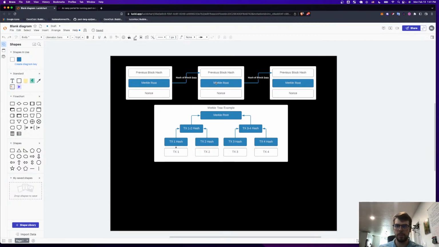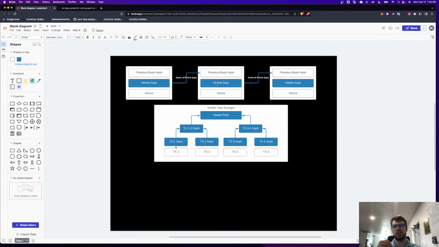The nonce is used by miners to change the data of the block so that they can find a SHA-256 hash of the block that begins with a certain number of zeros. The number of zeros required at the beginning of that hash is determined by the current hash rate of the network as a whole.